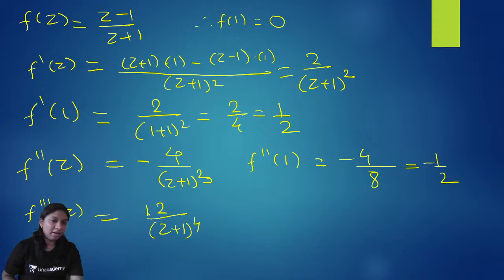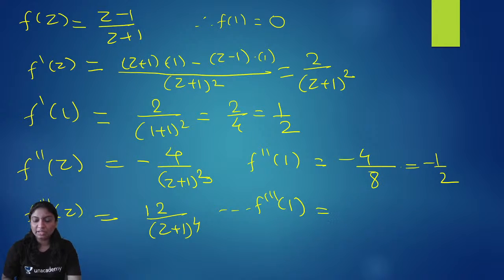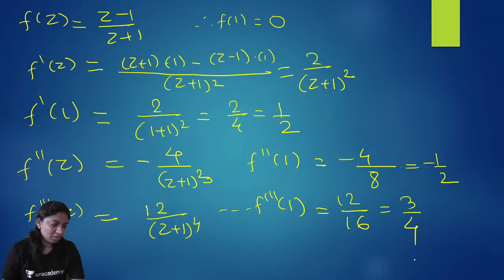So you will get 12 upon z plus 1 bracket raised to 4. f triple dash at 1 is equal to, put z equal to 1, so 1 plus 1 becomes 2, 2 raised to 4 is 16, so 12 upon 16, that is 3 by 4.